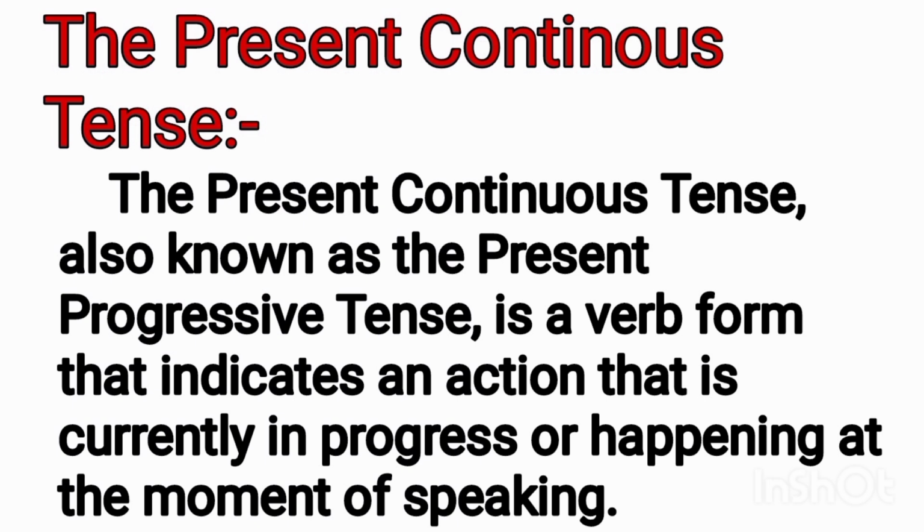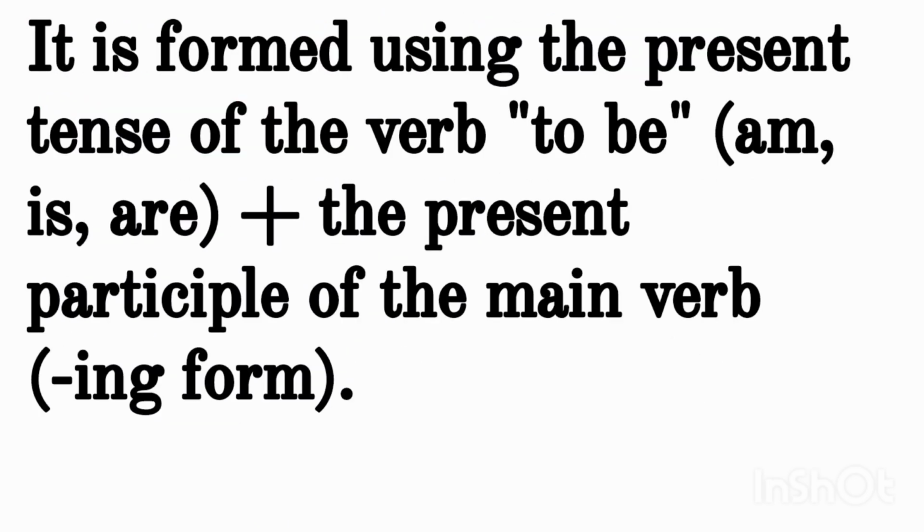It continues right now. Next, it is formed using the present tense of the verb to be, which means am, is, are, plus the present participle of the main verb, the ing form.